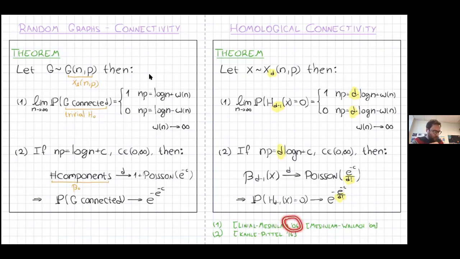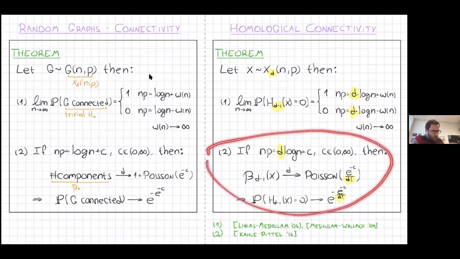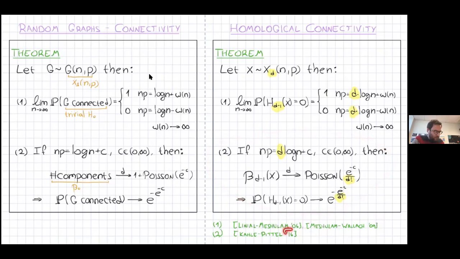That's in 2006, and they coined the term homological connectivity, a generalization of the connectivity phenomenon. Meshulam and Wallach later generalized it for any dimension, not just two-dimensional complexes. And the second part, the Poisson part, that took some 10 years to prove, and that was in a later paper by Kahle and Pittel.